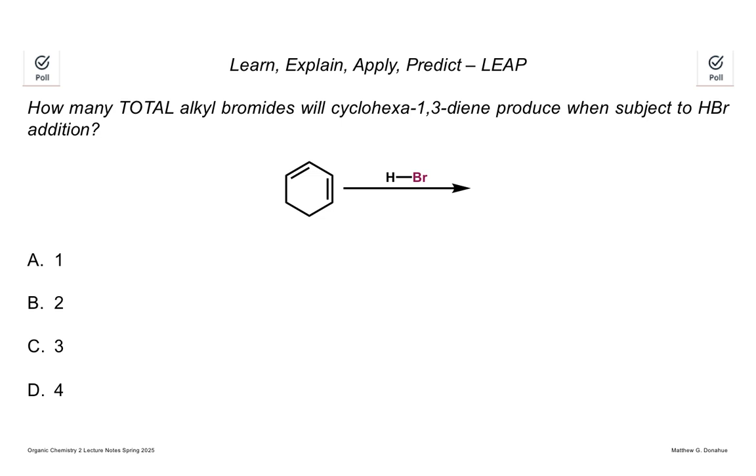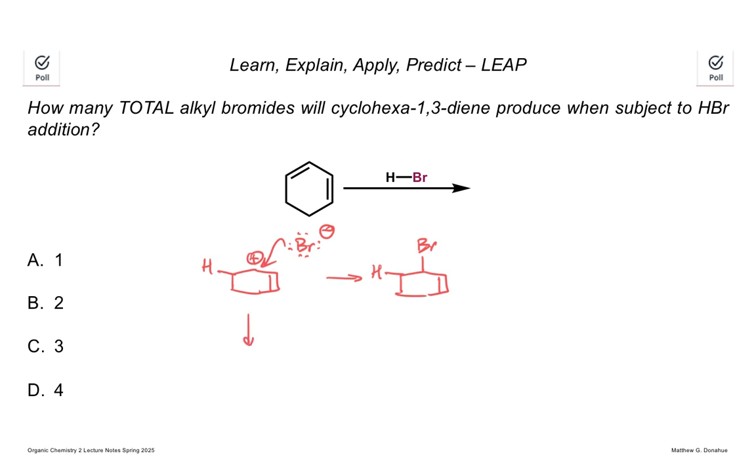How many total alkyl bromides will cyclohexyl-1,3-diene produce when subjected to HBr addition? We know that we're moving through this secondary allylic carbocation intermediate. So if we trap that in the 1,2 sense, we'll end up with this product.